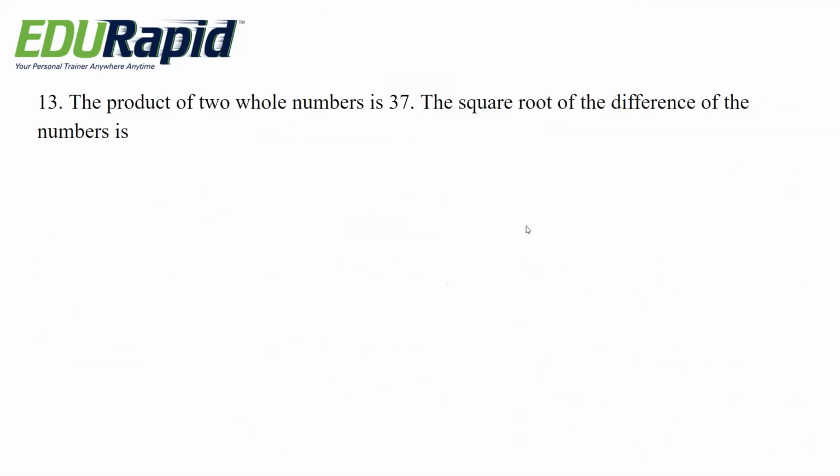Next question. The product of two whole numbers is 37. The square root of the difference of the numbers is what? Options are 8, 7.5, 6, 4.5.